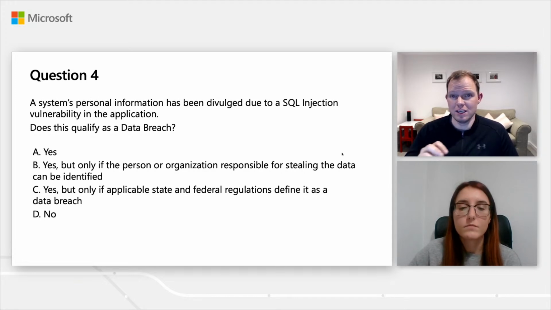So responding to these incidents and data breaches is way more important than actually identifying the person. Identifying the person is great. We should always try and do that and work with authorities to do so. But it's a bonus if we find the person, I guess.